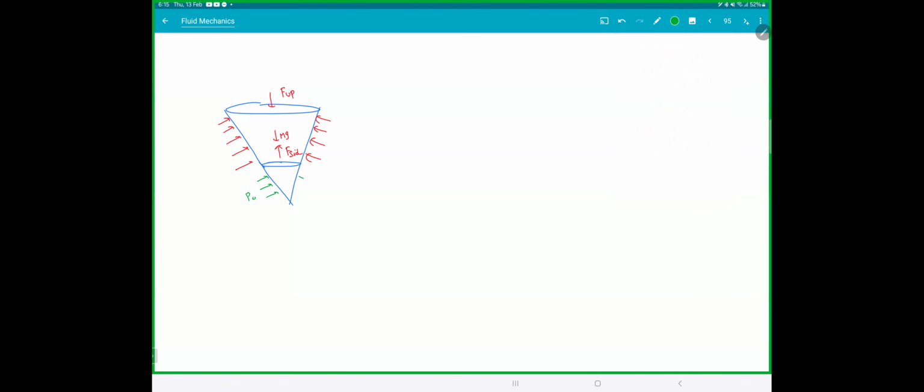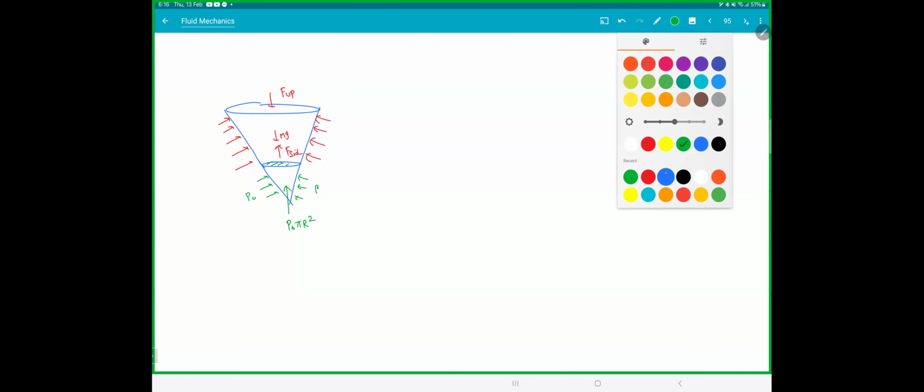Now remember, P naught is constant. So I can use projected area, which is P naught into pi R square. That's it. Any other force that I missed? You're about to lose contact, so the normal reaction is 0.